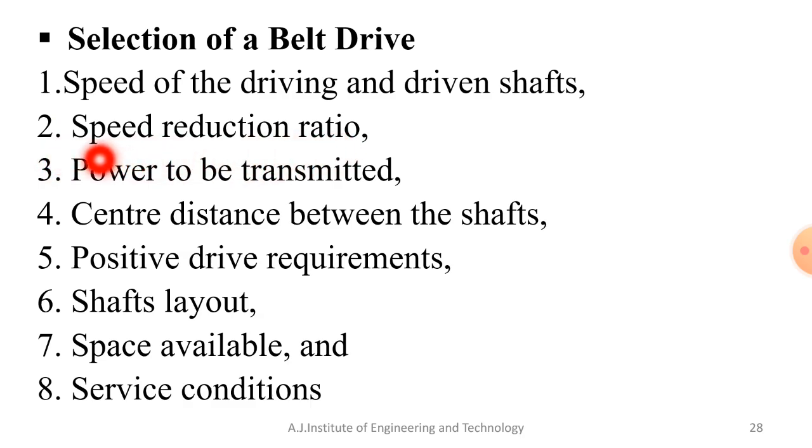How much speed do you need to reduce? For example, if the driver rotates at 1000 rpm, the driven should rotate at 500 rpm. Based on this criterion you have to select the appropriate pulley diameter. If you change the diameter of the pulley, there is a possibility of reducing the speed.